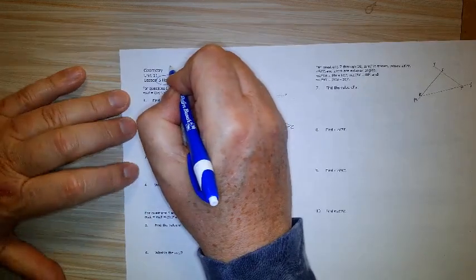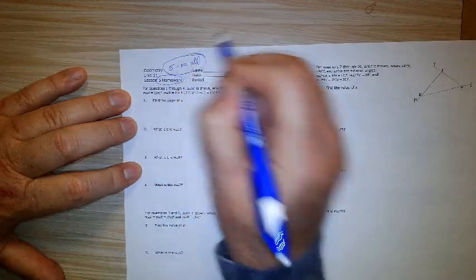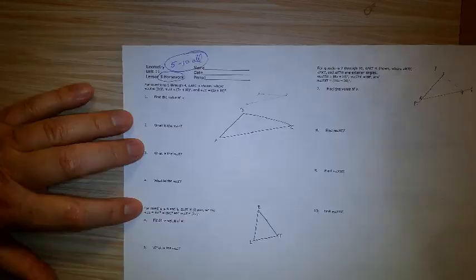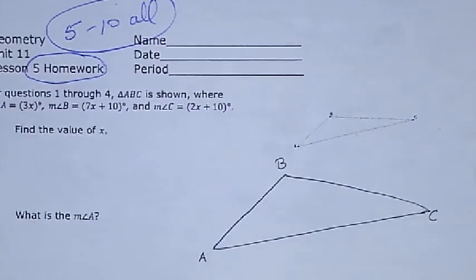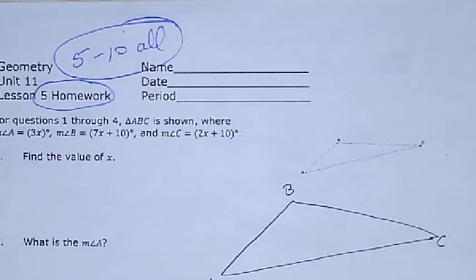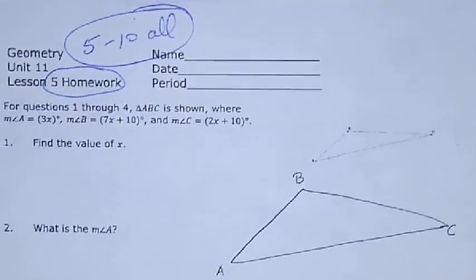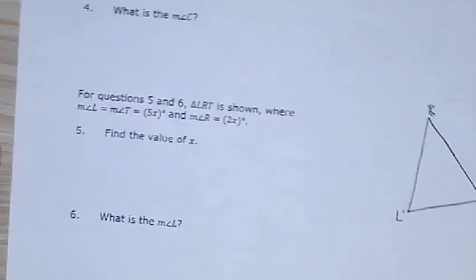All. Again, please. I'm recording this. Do you mind? 5 through 10 all. So get started. That's a very short one. And this is like the cousin of what we just did. It's like the identical twin.